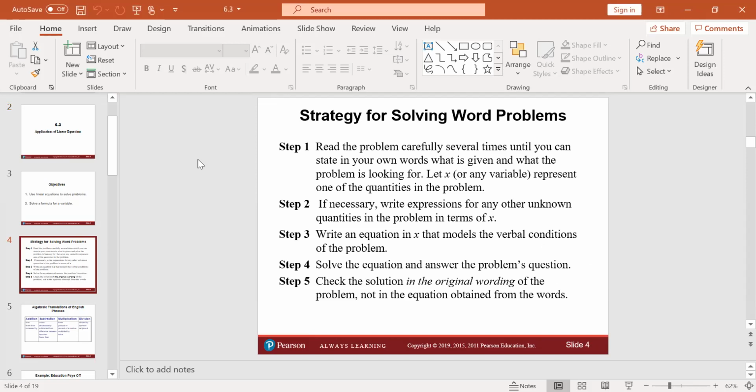No. Here is a general strategy for solving word problems. This is actually just kind of a reformation of something called Polya's four-step problem-solving process. Polya was a psychologist, I believe, and he created a very simple method for doing word problems.